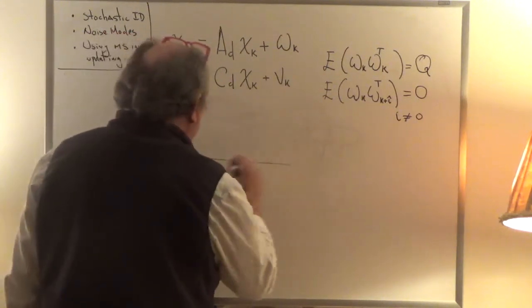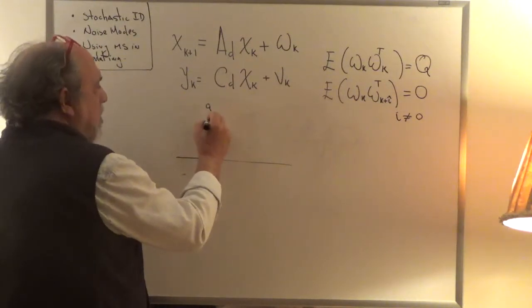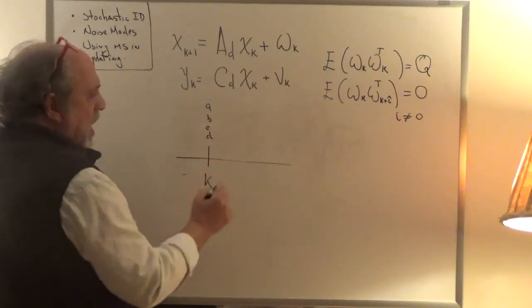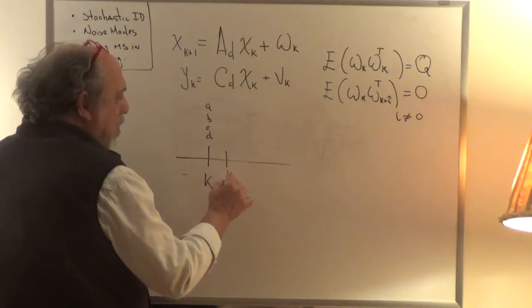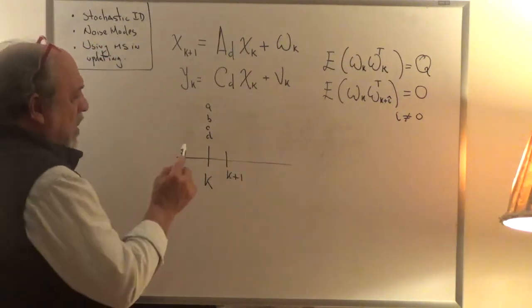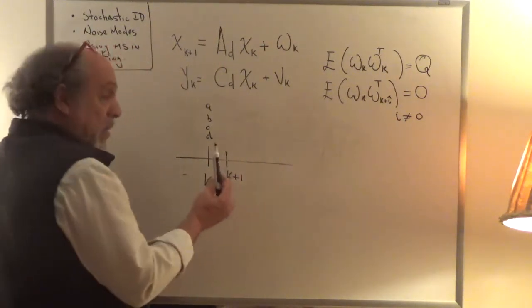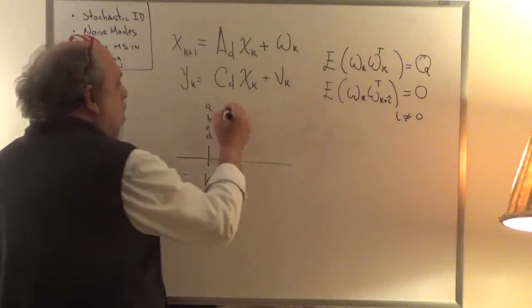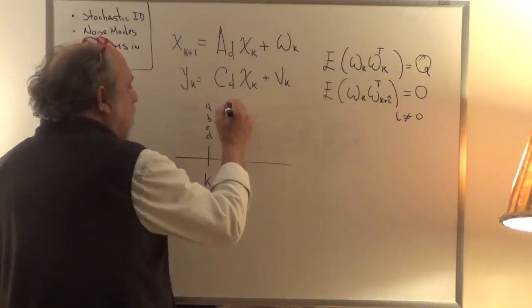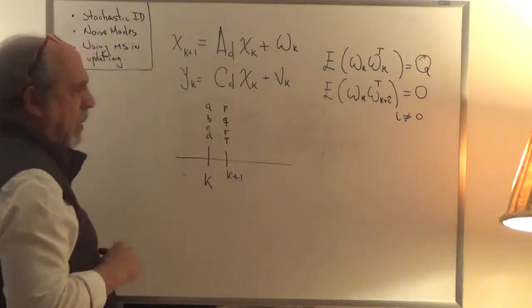If you are here at k, there is a vector here A, B, C, D, right? If you are here at k plus 1, even 1 next to it, the idea is that the vector at k plus 1 has nothing to do with the vector at k. So here we get P, Q, R, T, okay?